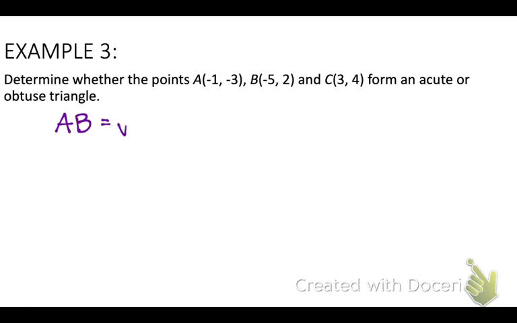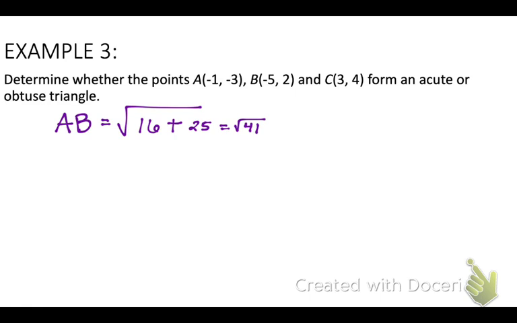So the distance, we're taking the difference and squaring the x's. So -5 plus 1 is -4. -4 squared is 16. Subtracting the y's, 2 plus 3 is 5, so 25. Adding that together gets me 41. So I'm just going to leave it as the square root of 41.